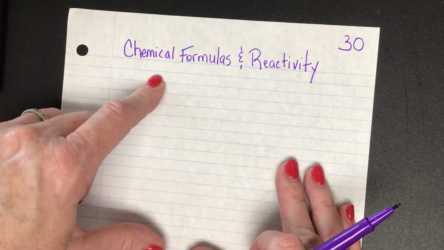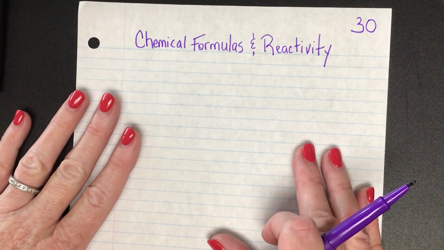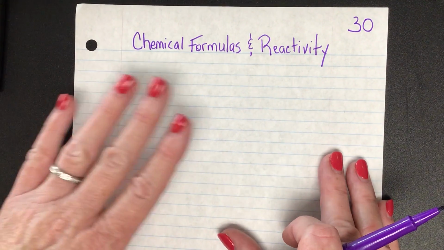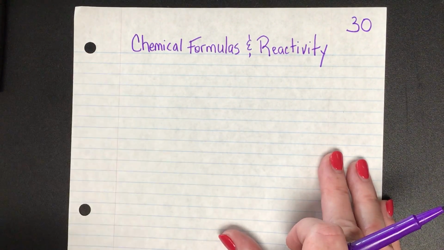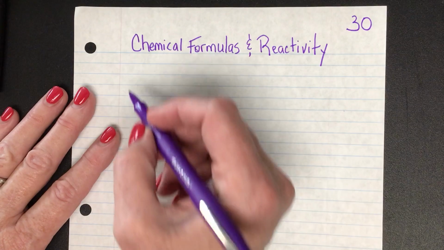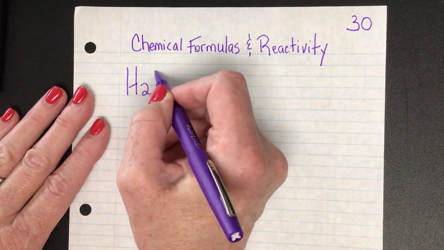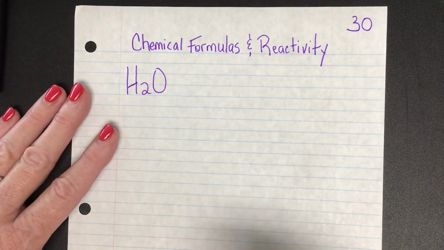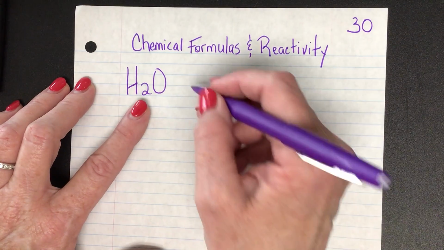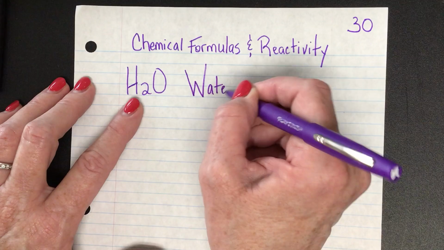So we're going to show two different examples of how some elements react together to make some very common compounds that you know. One of the compounds you know very well, we can't live without, is, what is this? Water. Good. Water. You guys know water.